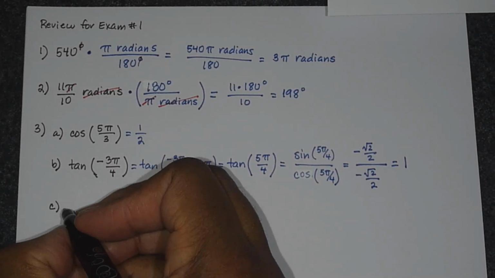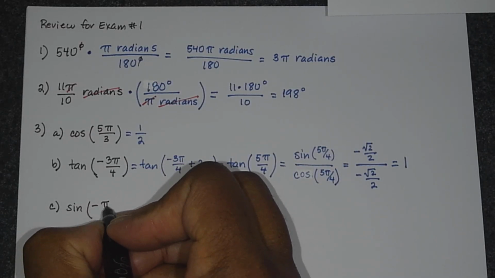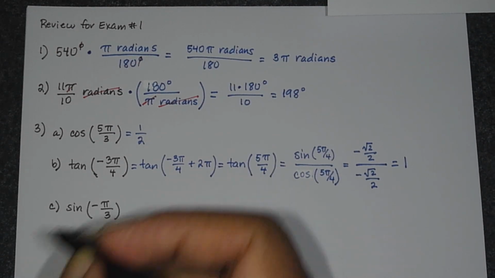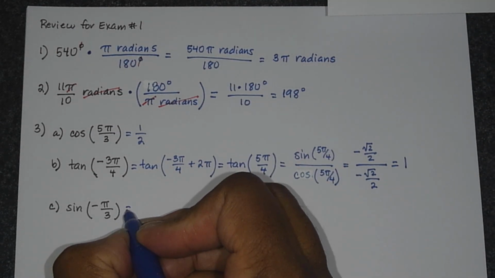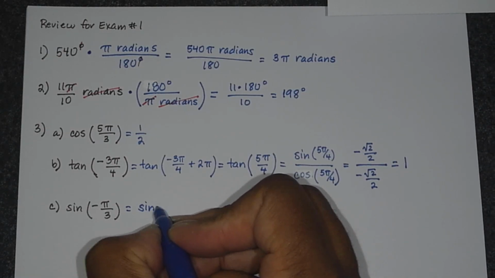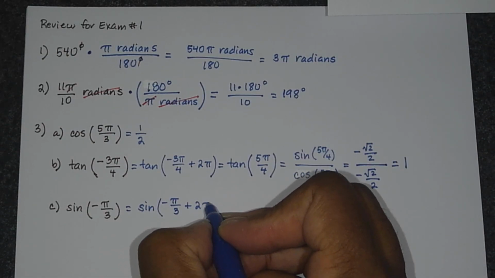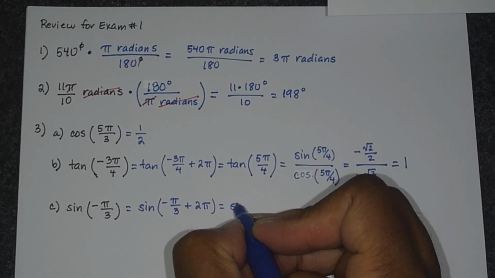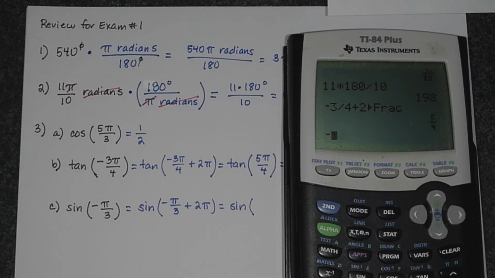All right, part C, we got the sine of negative pi thirds. Add 2 pi, because it's a negative angle. So I know I'm going to have the sine of negative 1 divided by 3 plus 2, math key, and then number 1 for fraction.